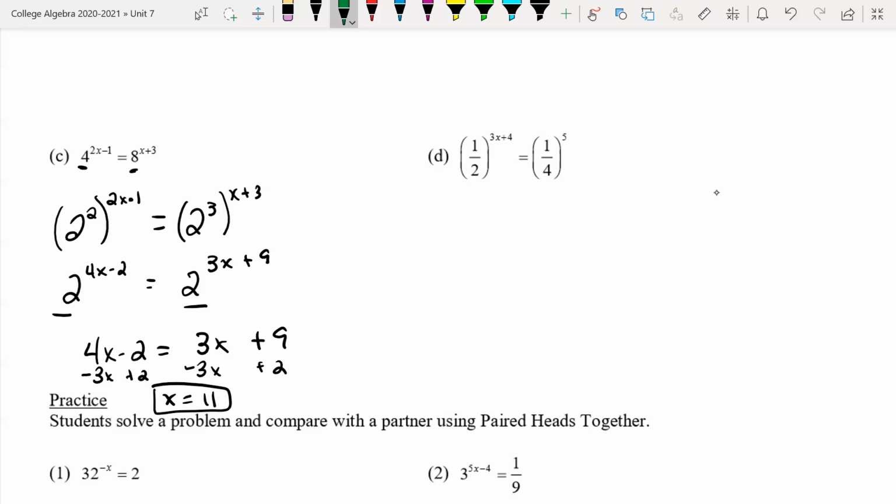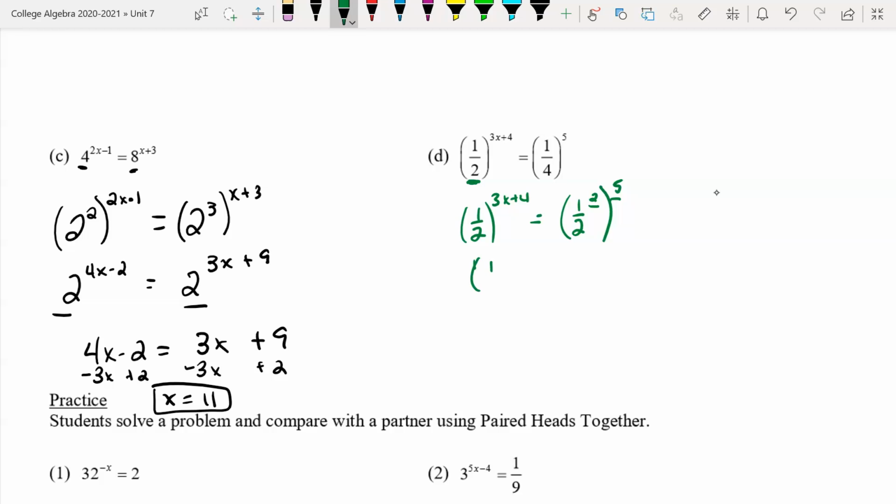Next one. All right. Normally what we do is we take 1/2 and we think, can I square it to get to 1/4? And the answer is yes, because you would square the top number and the bottom number. 1 squared is 1, 2 squared is 4. So I'm going to say 1/2 raised to the 3x plus 4 is equal to 1/2 squared raised to the 5th power, because 1/2 squared is going to give me 1/4. So these right here I'm going to multiply again.